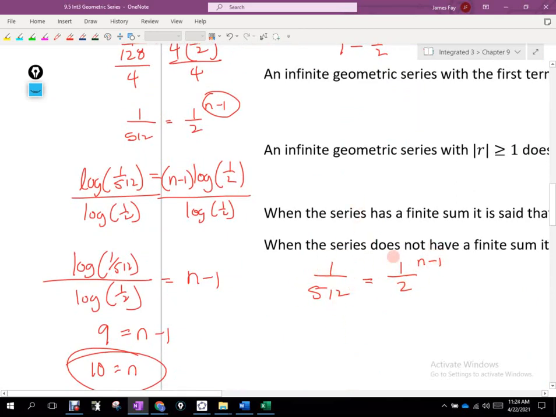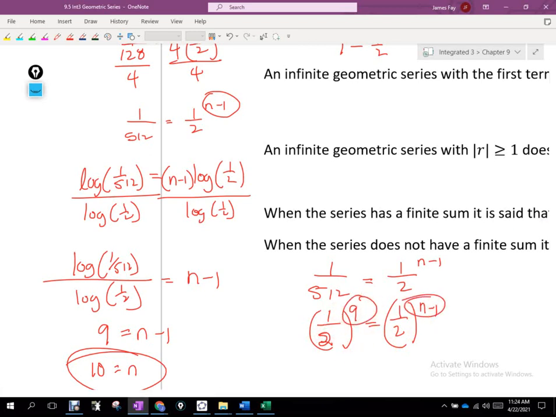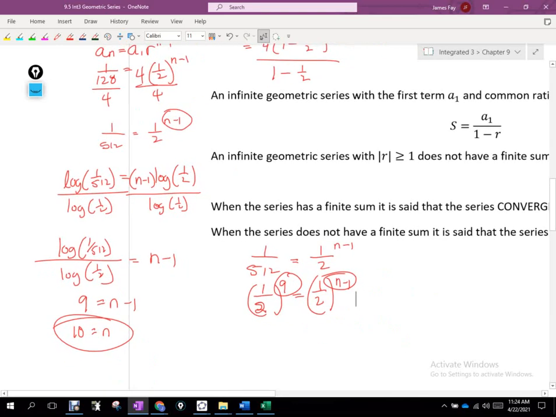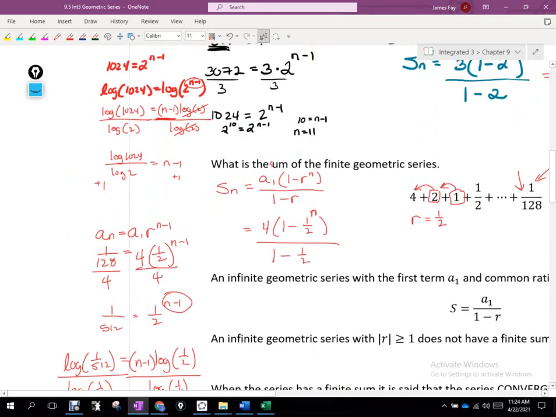I can rewrite 1 over 512 as 1 over 2 raised to the 9th. Now because the 1/2 are the same, these exponents have to be the same. I think that's hard because not a lot of people know that 2 to the 9th is 512. Now we did know that 2 to the 10th was 1024, so maybe 2 to the 9th is easier to find because we knew that.